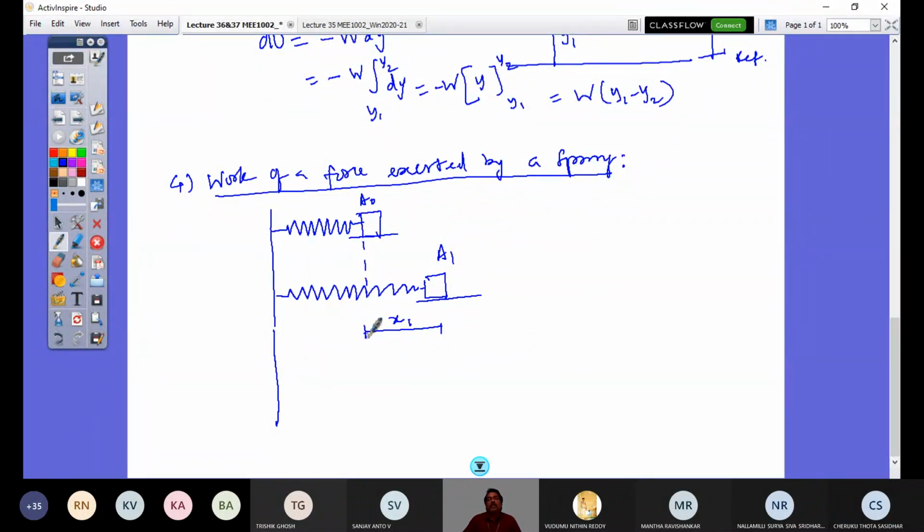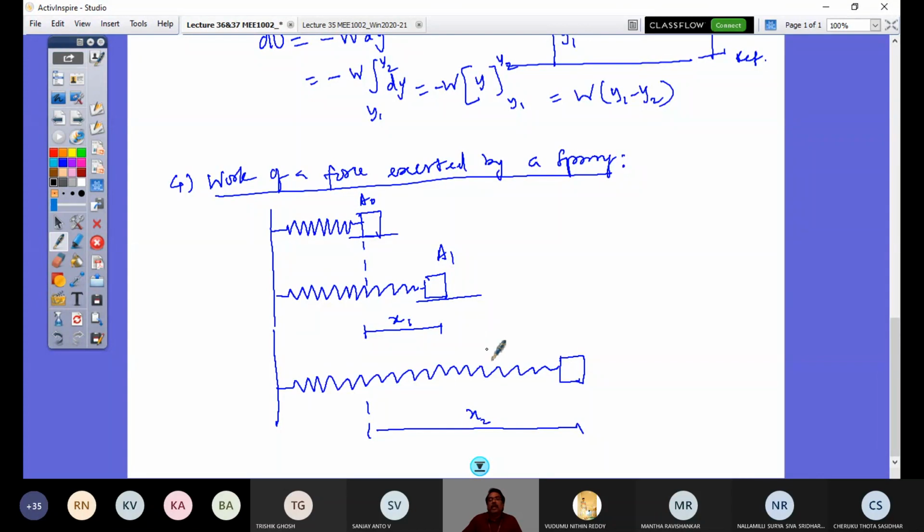So now from the initial position, the displacement in the spring is x1. So if I further stretch this, that would be the expected final position given by x2.